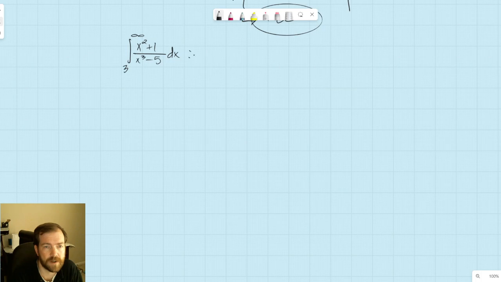All right, so this is easy enough to say that this is analogous to an integral going from 3 to infinity of 1 over x.